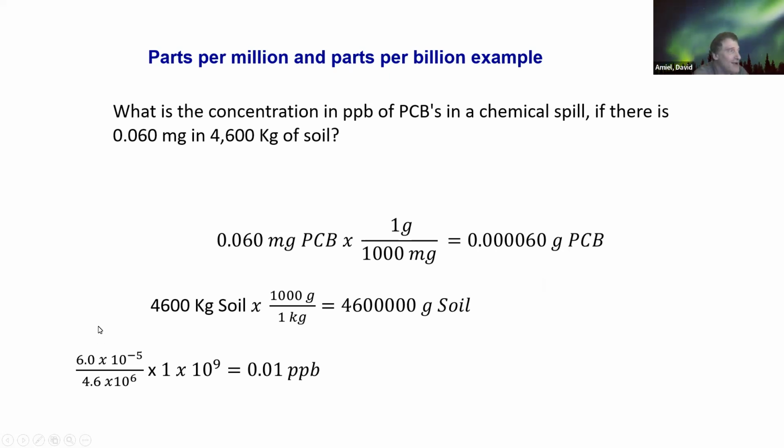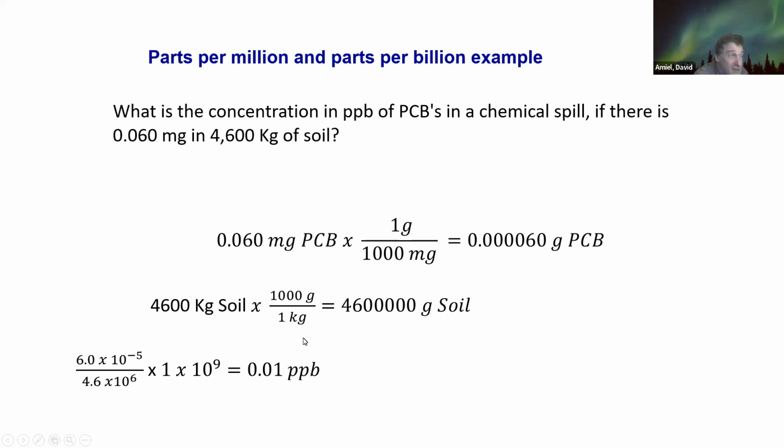I then divided those two numbers and multiplied by 10 to the 9th. 1 times 10 to the 9th is the same thing as 10 to the 9th. It's just that when you input it on your calculator, often you do it as 1 exp 9. And I come up with my answer here of 0.01 ppb.